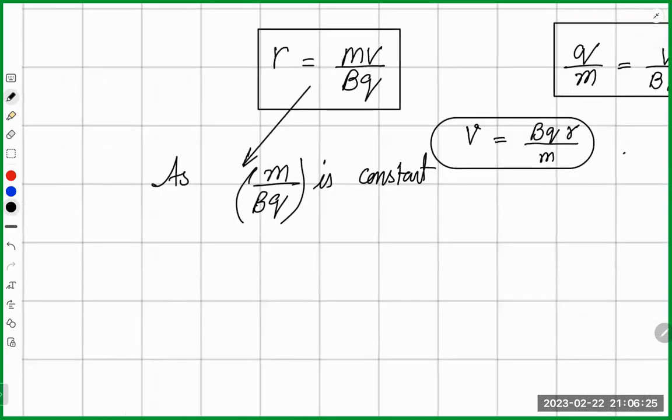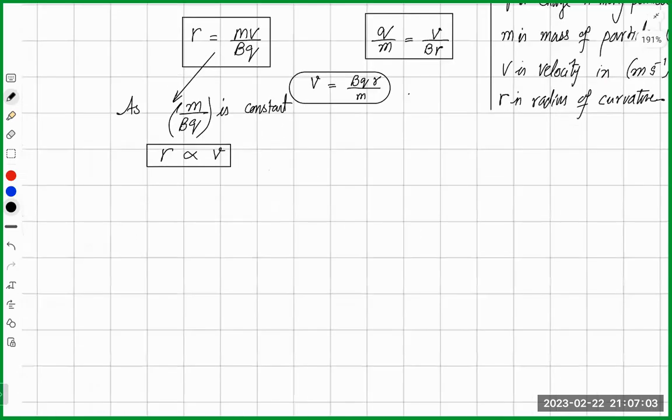Mass of the charged particle, same. It is moving in a uniform magnetic field, same. Charge of the charged particle is also same. So m over bq, whatever this number is, for that particular charged particle in that magnetic field should always stay the same. So if m over bq is constant, r is directly proportional to v. Pay attention. R is directly proportional to V.